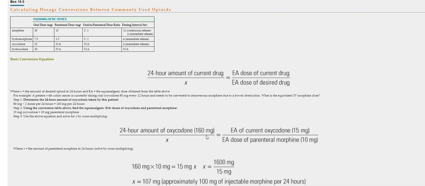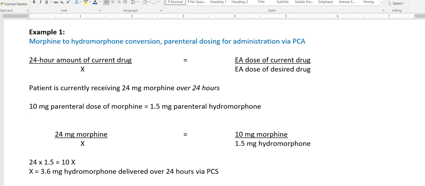So 160 times 10 is 1600 milligrams divided by the 15 milligrams, and you end up with 107 milligrams of parenteral morphine over 24 hours. And remember, this is a 24-hour dosing, because if you gave that all to him in a single dose, you'd probably kill him. It'd be fatal.